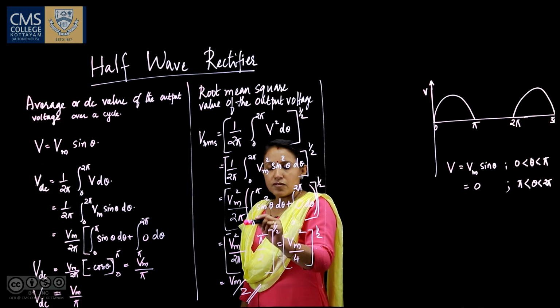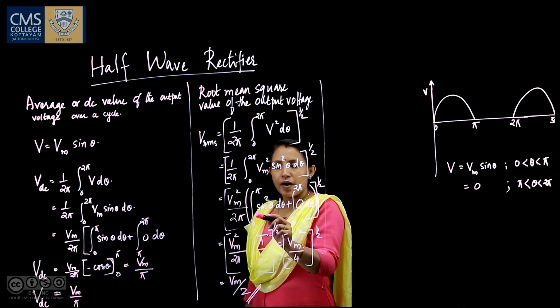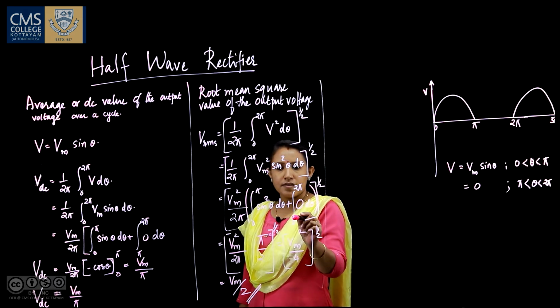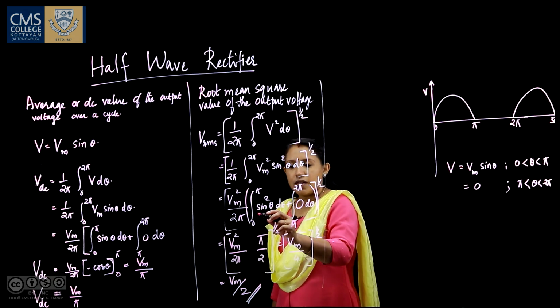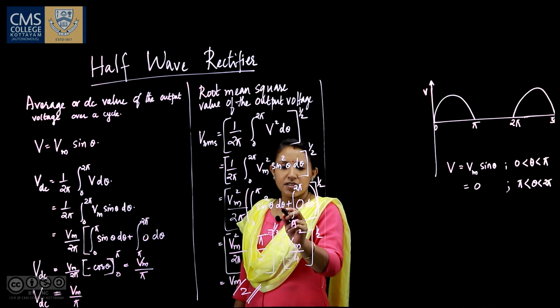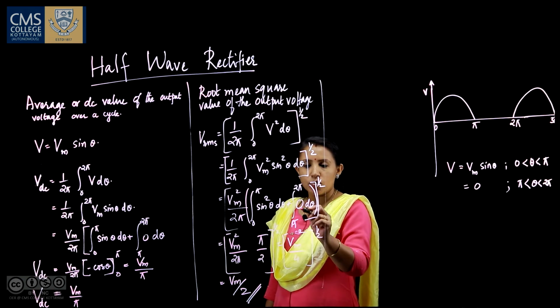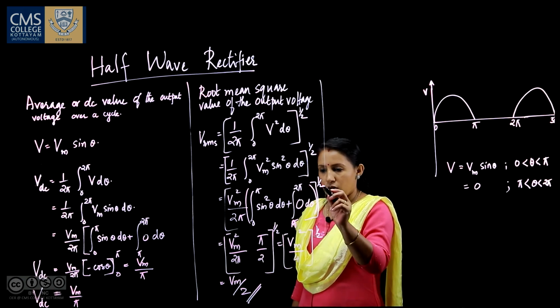Take out Vm square outside, so it is Vm square by 2 pi into integral 0 to pi sin square theta d theta plus integral pi to 2 pi 0 d theta, whole raised to half.